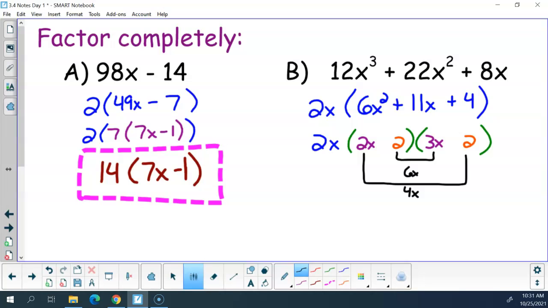4? Okay. So let's try the 4 first then. What else multiplies together to be 4? 4 and 1. That gets me 12x and 2x. Is that my pairs? Nope. Okay. But now I can switch those around.